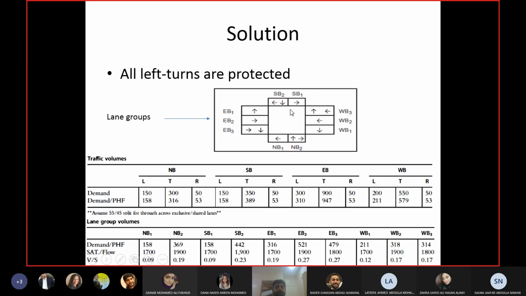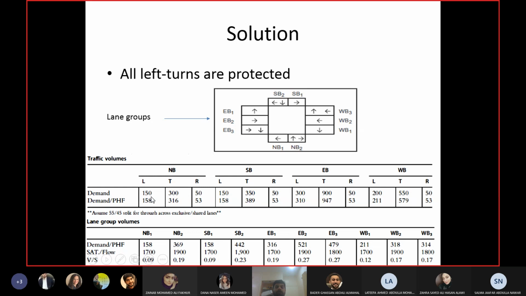Now for each lane group, we have to calculate the demand, and you will convert the demand by dividing with the peak hour factor into flow rate. As I told you, the demand is already in passenger cars per hour, so I'm not converting them to passenger cars per hour. Otherwise you would have done that as well. That would have been an extra step.